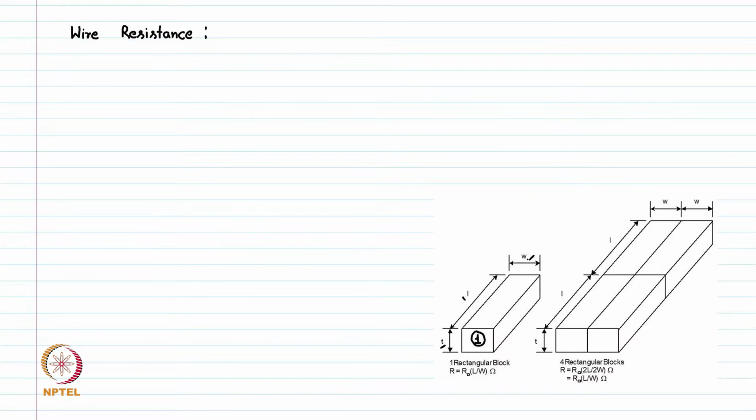Now the resistivity of this material, whatever we choose here, is rho. Rho is the resistivity, which is ohm into meter.